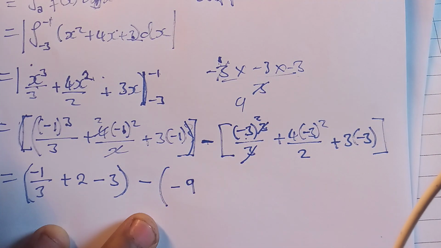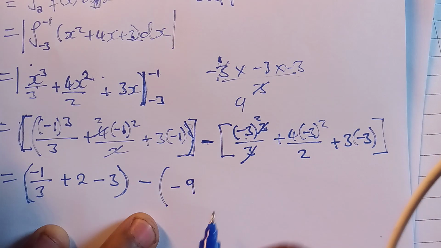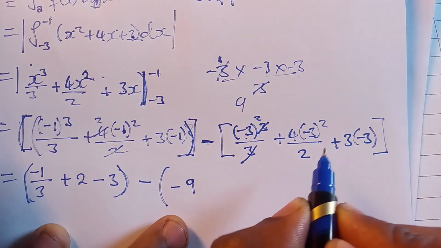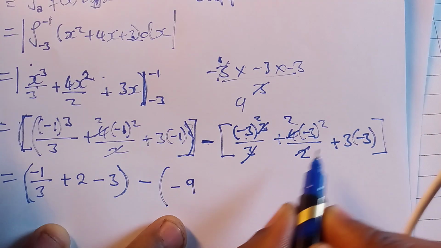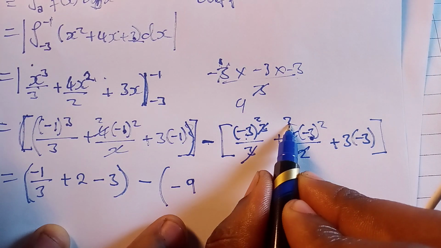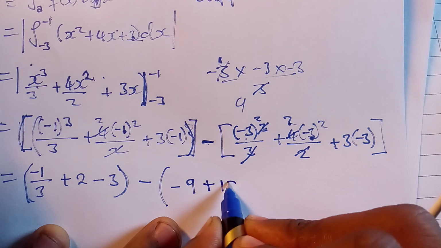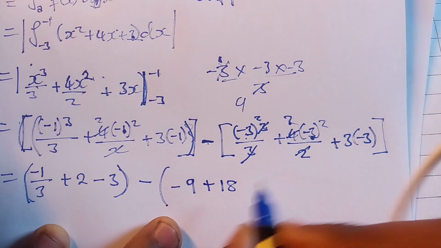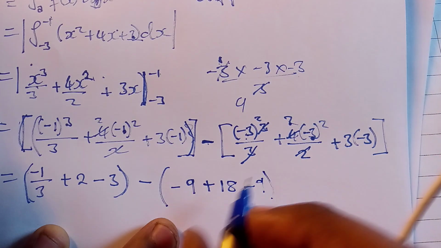Then yes, this will work, but not cancelling like that. And then this is a 2. -3 squared is 9 multiplied by 2. This is 18. And then this and that, this is a 9.